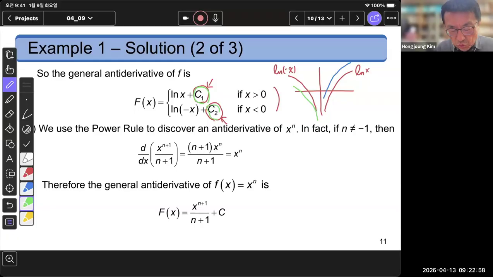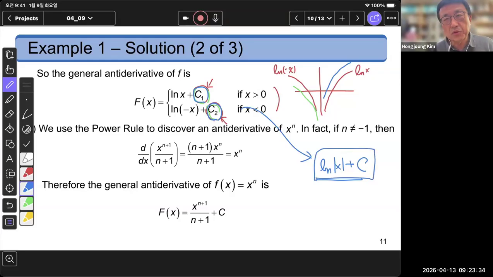So people usually, even though they require two distinct constants, use just this single expression. But even though you use a single constant, that notation implies that you might need two distinct constants for different distinct intervals.